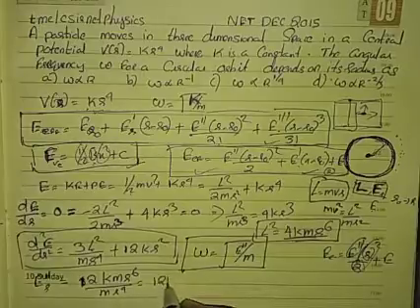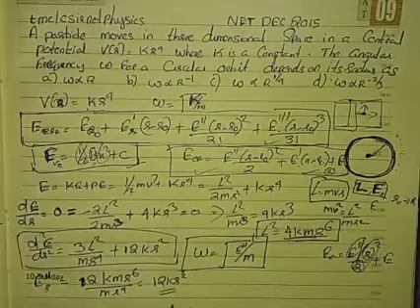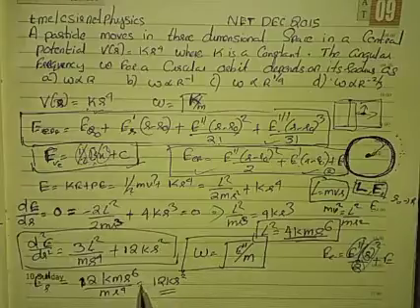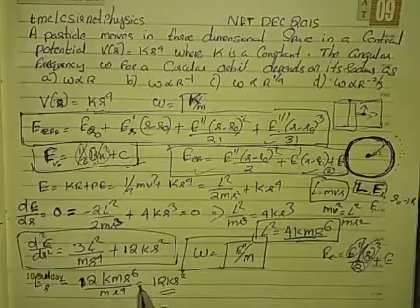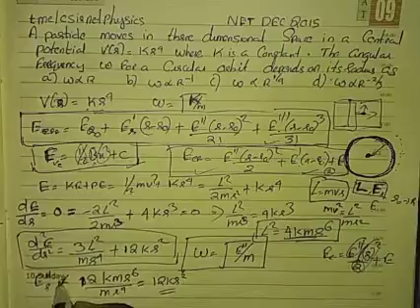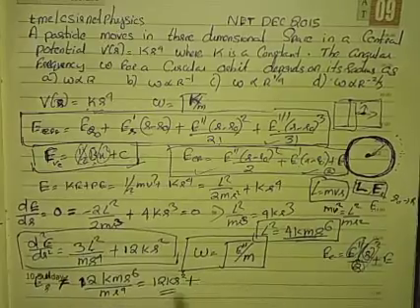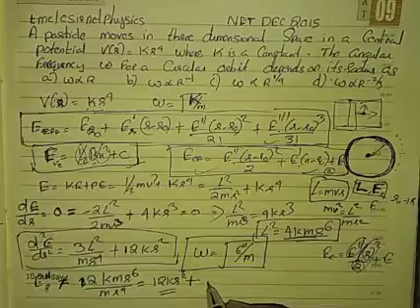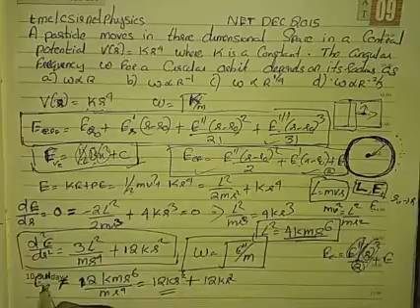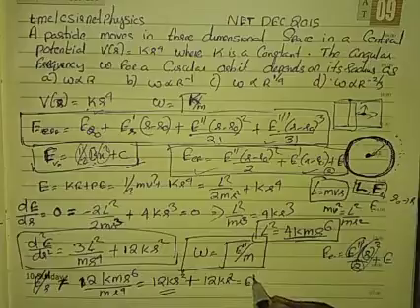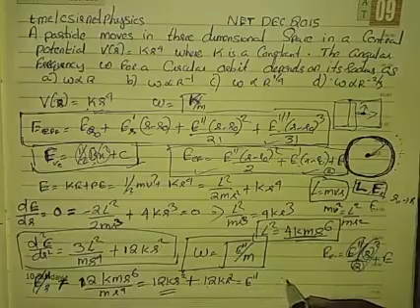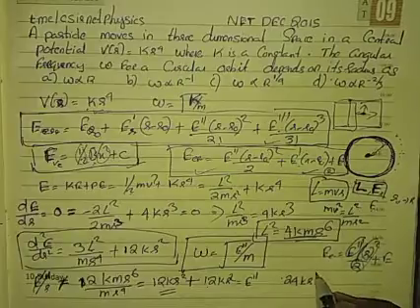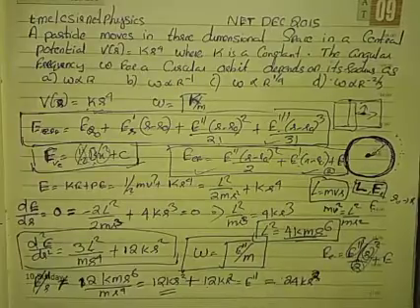You get 12k r square. Then there is a plus component also, 12k r square, which is E double dash. So 12k r square plus 12k r square is 24k r square, which is E double dash.